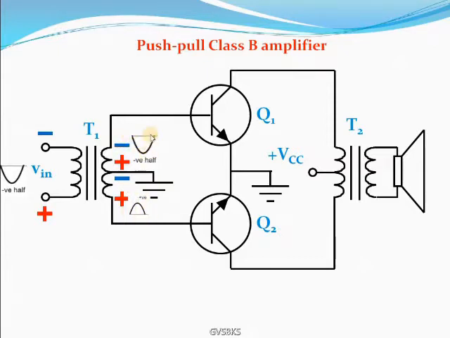As it is a negative half cycle, this will move Q1 into the cutoff region. Because of the positive half cycle at the secondary of T1, Q2 will be in the on position. Therefore, in this state, Q1 is off and Q2 is on.